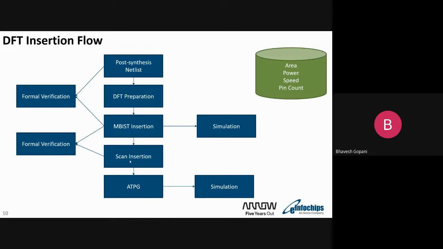But in MBIST, explicitly, we need to insert the TAP controller, then MBIST controller, BIST controller. BIST controller is also not directly communicating to the memory, so there is some interface logic also there.